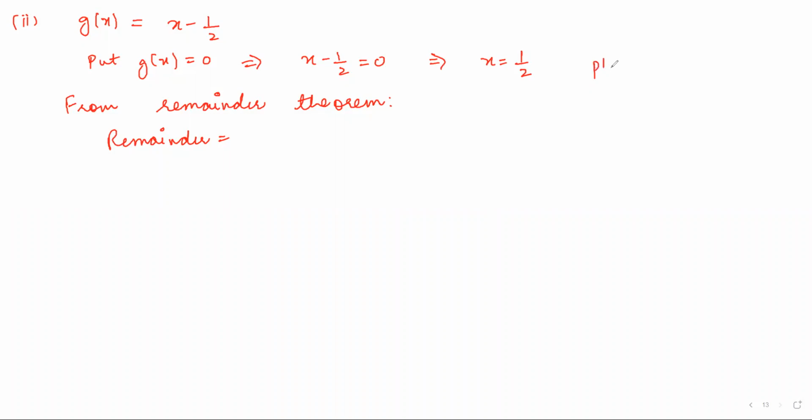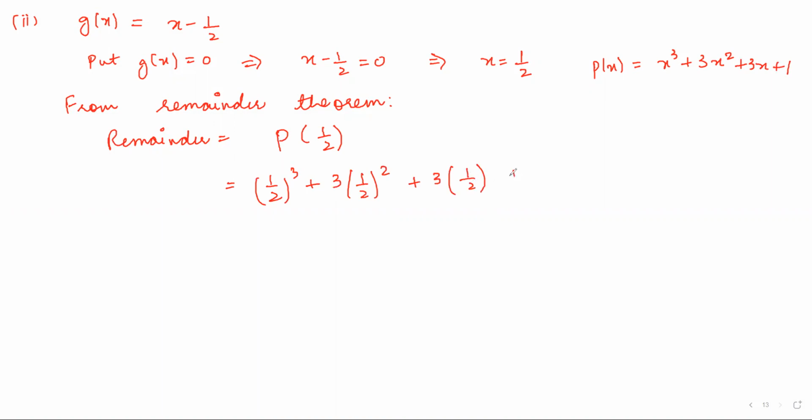I forgot it. p(x) is x cube plus 3x square plus 3x plus 1. So the remainder is the value of this polynomial at half. You put half everywhere: half whole cube plus 3 into half square plus 3 into half plus 1.